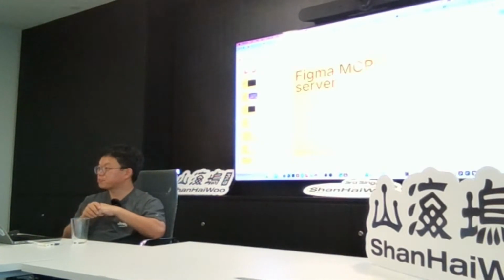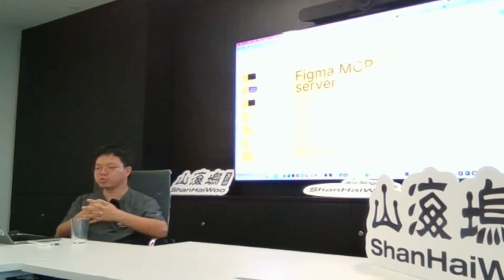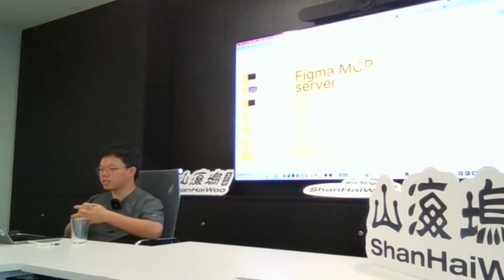And this will save you a lot of time from taking a snapshot of the design doc and putting it into the AI agent. And also it preserves more original information of the design documents.